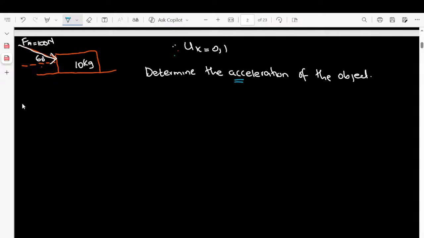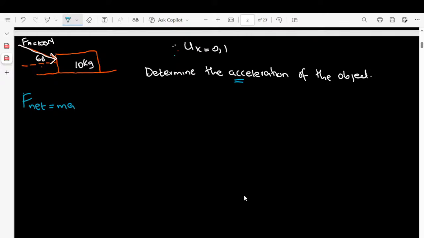So we're going to write the formula for Newton's second law down. F net is equal to ma.